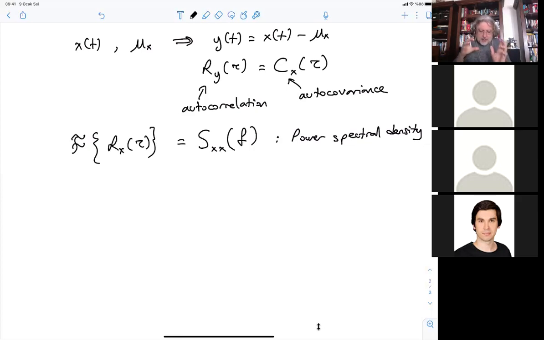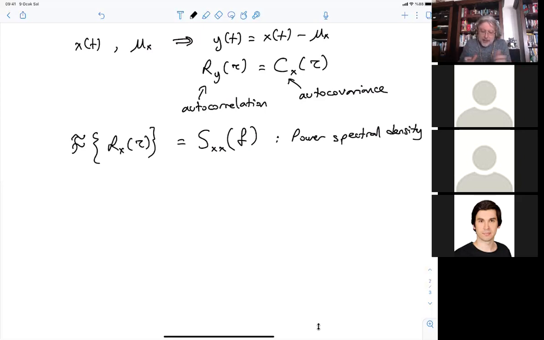For random signals x of t, we don't really have x of t. We cannot write it as x of t, because it looks like a deterministic signal, but we don't have it. It's just a random function. Since we don't have x of t, we cannot take its Fourier transform, capital X of f. We cannot talk about it.